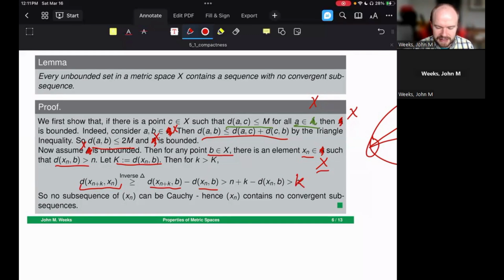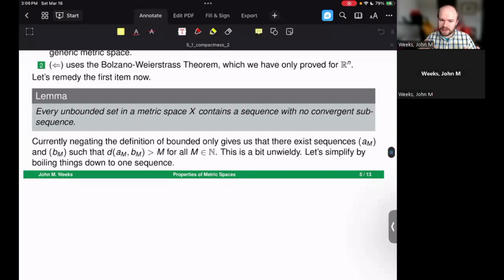What we're going to get is that this value here is going to be greater than the value of n plus k away from this function, and that this value right here. So instead of trying to find distances between corresponding elements of two different sequences, we want to see if we can boil things down to just one sequence. Now, this ends up being a little bit unwieldy itself, trying to get from two sequences down to one.